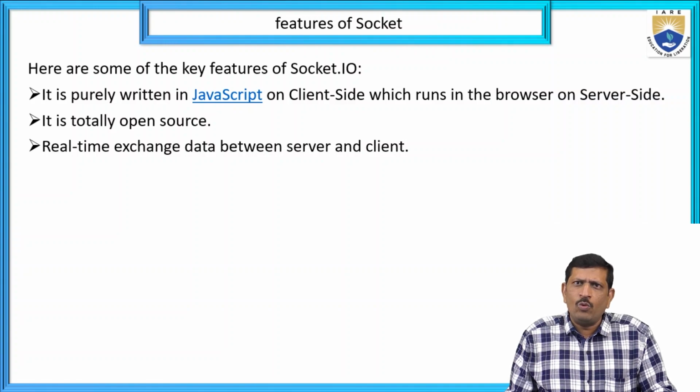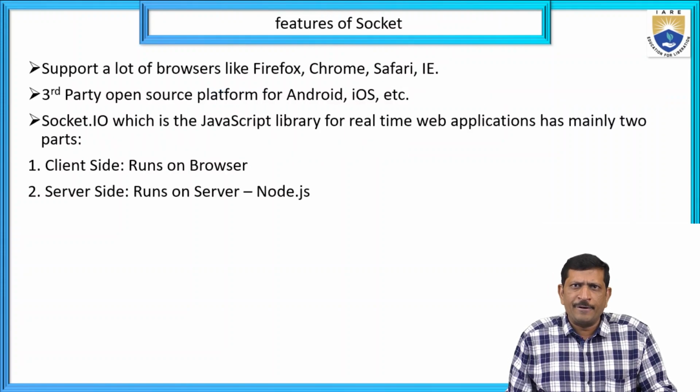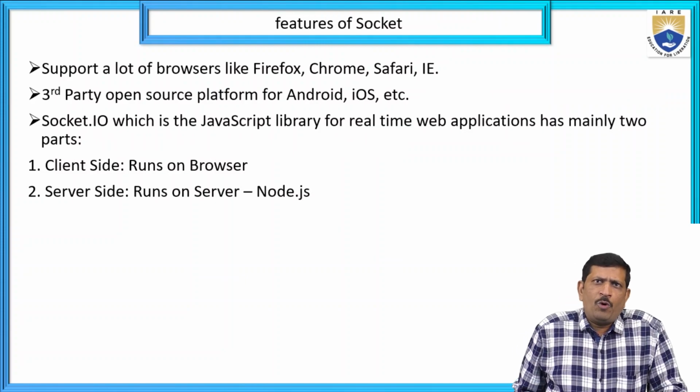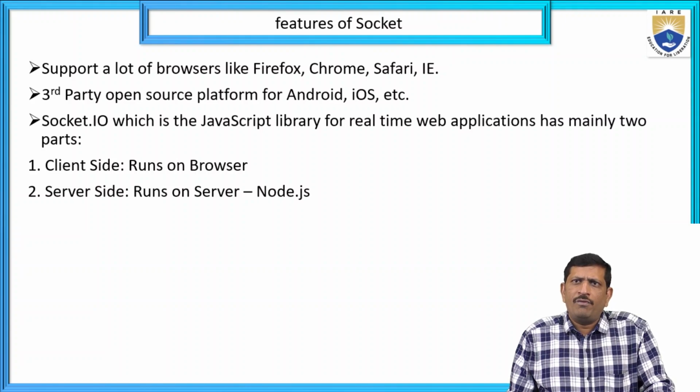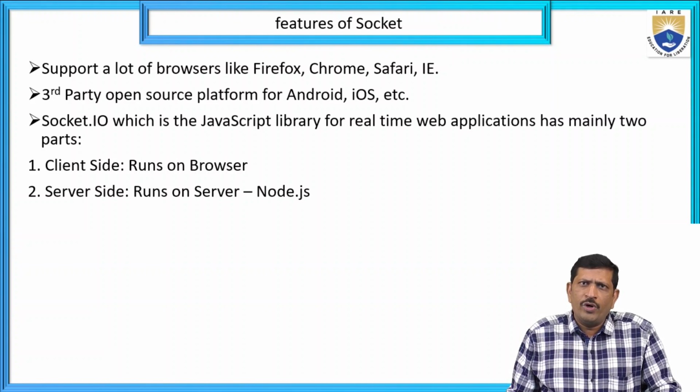It is totally open source, with real-time exchange of data between the server and the client. It supports many browsers like Firefox, Chrome, Safari, IE. These are all the features. There are third-party open source platforms for Android, iOS, etc.